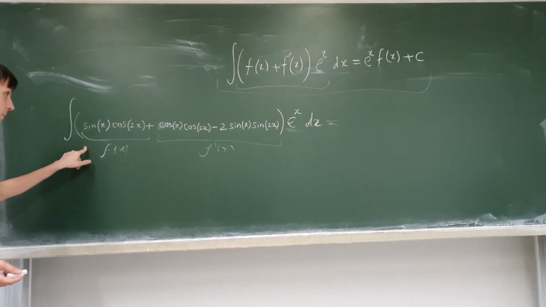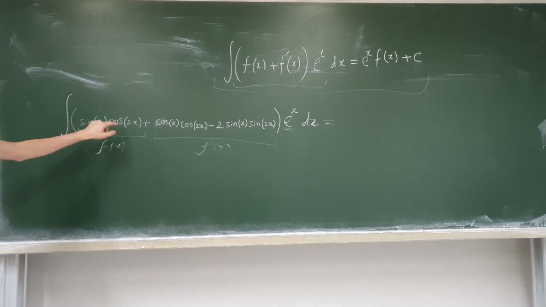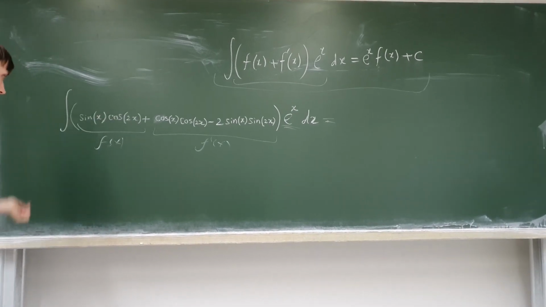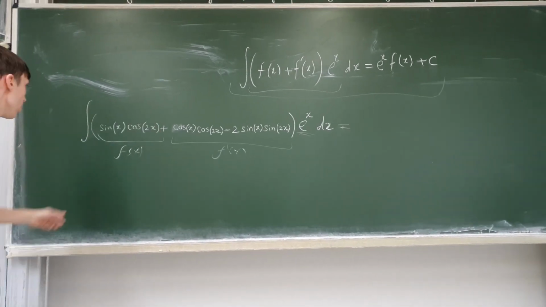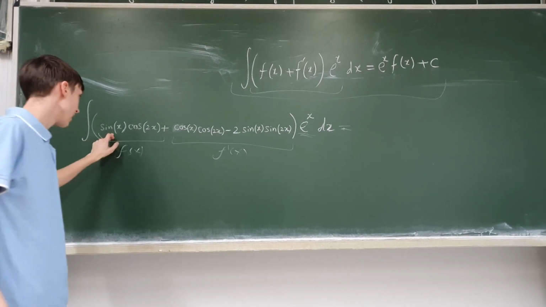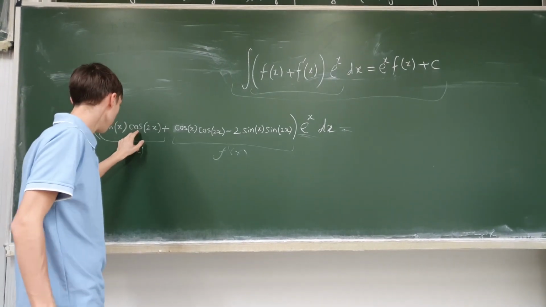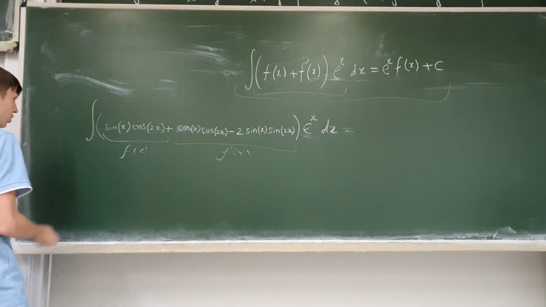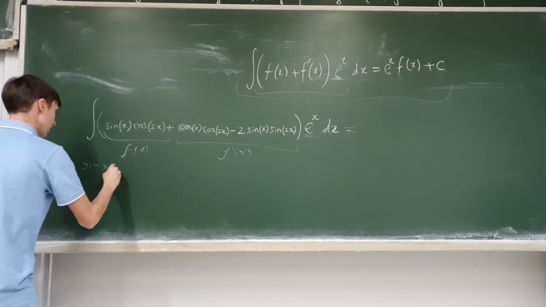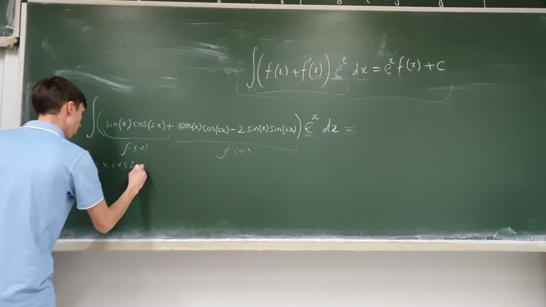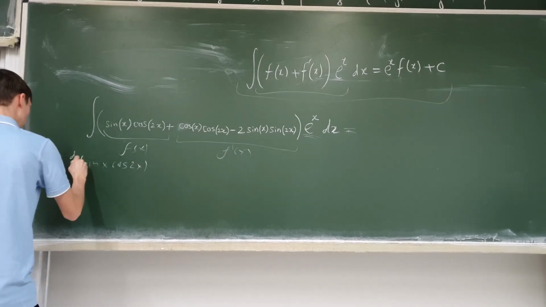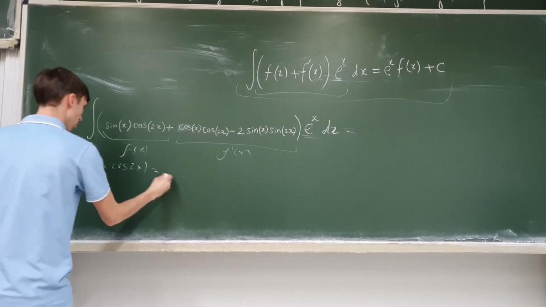Well, I can check it. And this will be derived using chain rule as well as product rule on the outer image. We just take the derivative of this to check. So d over dx of sine x cosine 2x, as a whole. What is that?